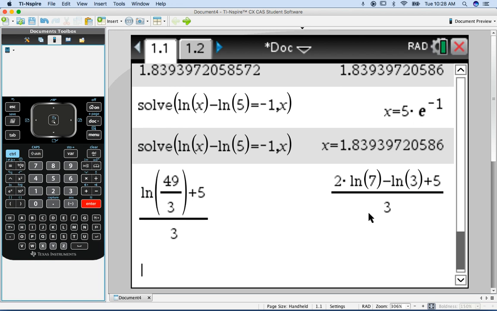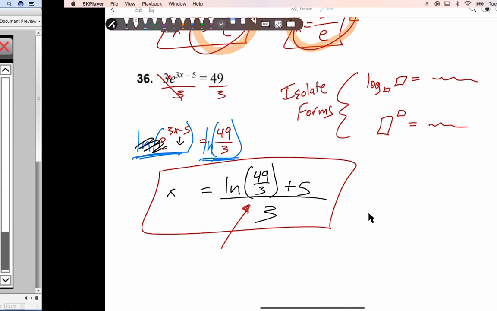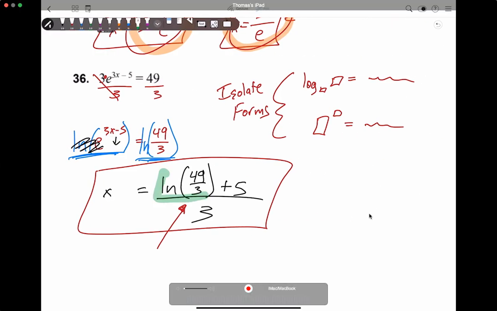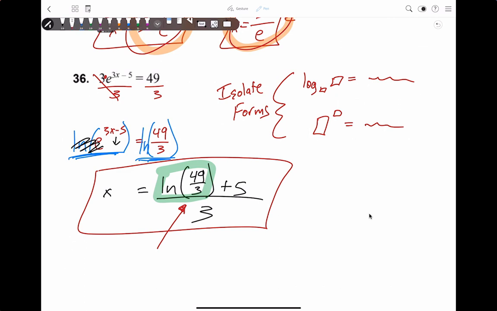And you see it broke up this 49. The calculator is already programmed to do that. Let me show you what happened just now. This piece into natural log of 49 minus the natural log of 3. And then the plus 5 and over 3 were still there. And this, they rewrote it as natural log of 7 squared.